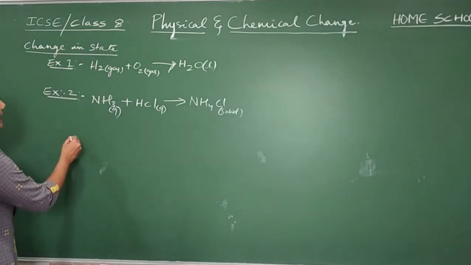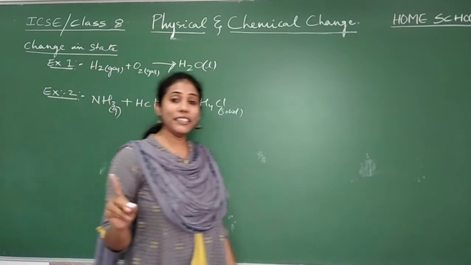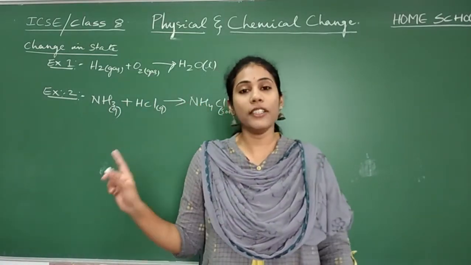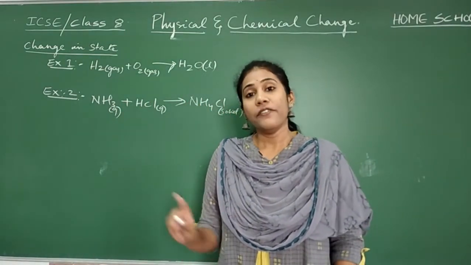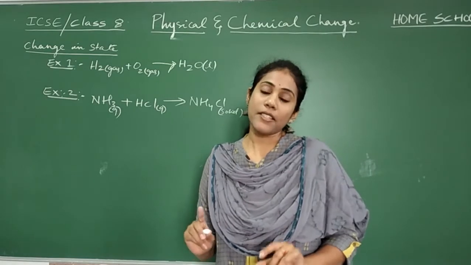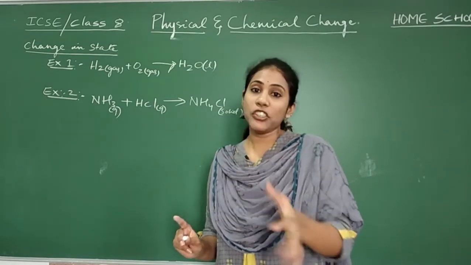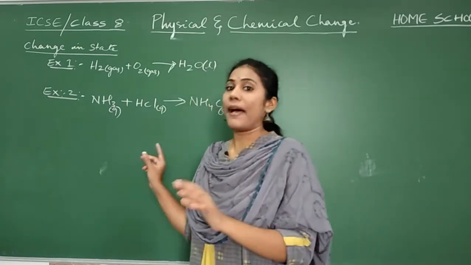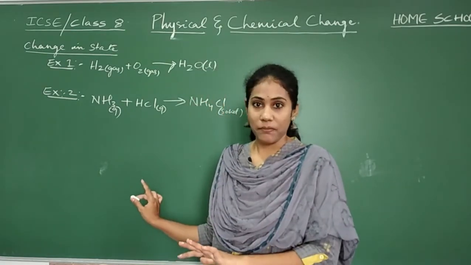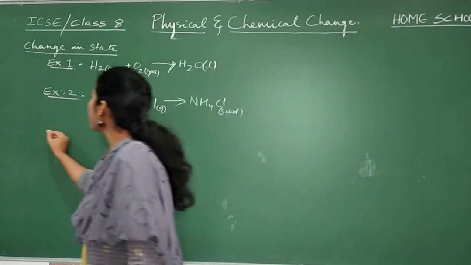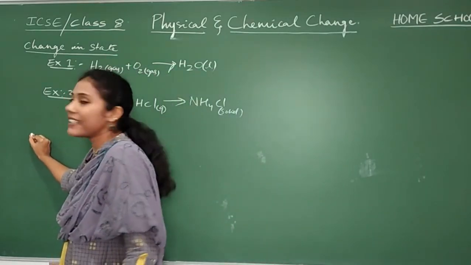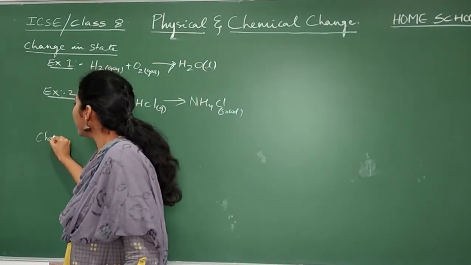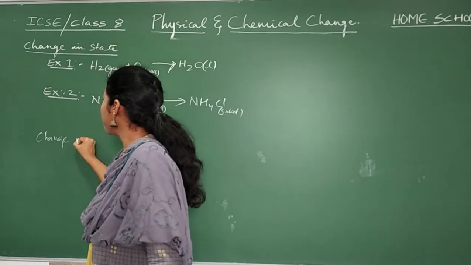And now we will study the change in temperature. I already told you in the last video, whenever a chemical reaction happens, you will observe a change in temperature. So let us speak about the change in temperature and energy. The last and final characteristic is change in temperature.